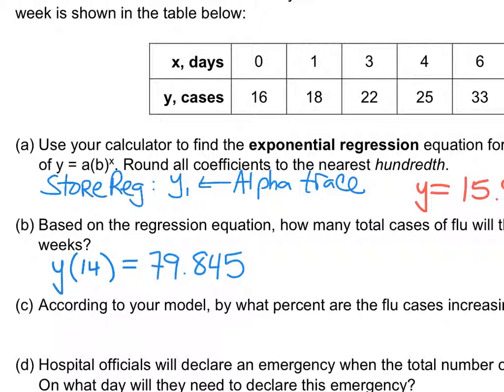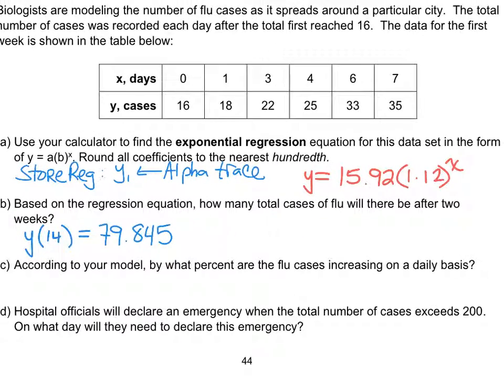All right, so another strategy that you could use, if you don't want to use the table approach, would be to hit alpha trace y1 and then type in the 14 in parentheses. That'll get you the value there also. The last strategy, which is my least favorite, would be to plug the 14 in for x here. So you would do 15.92 times 1.12 raised to the 14th power.